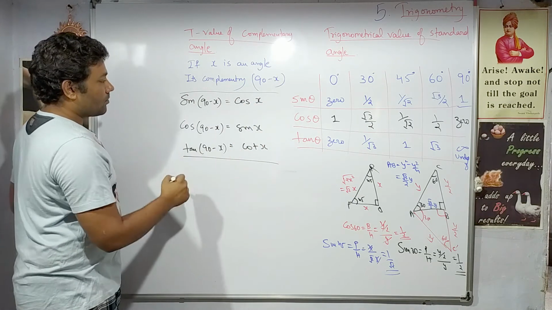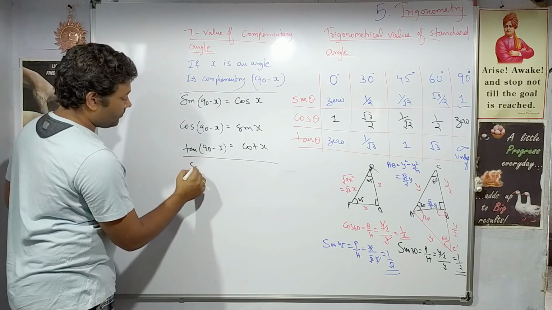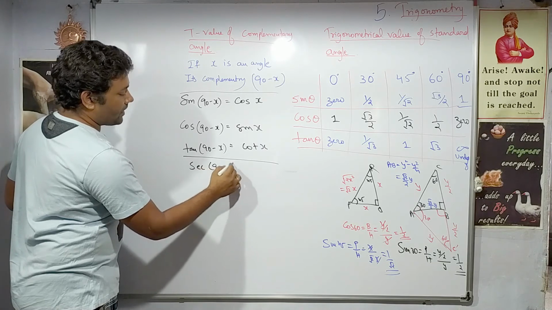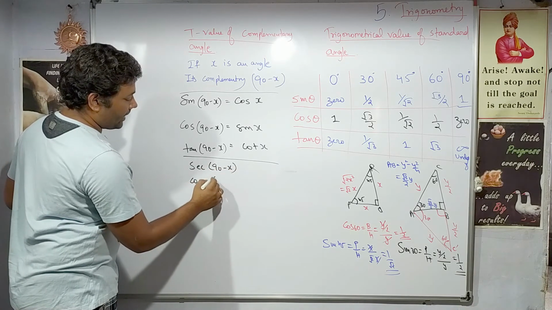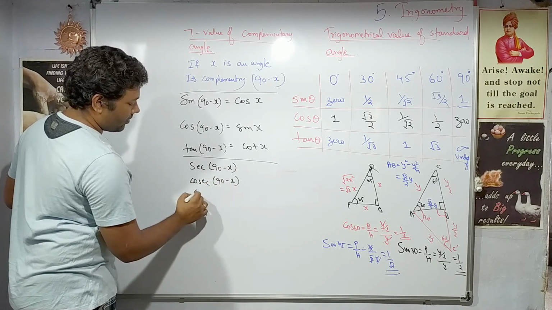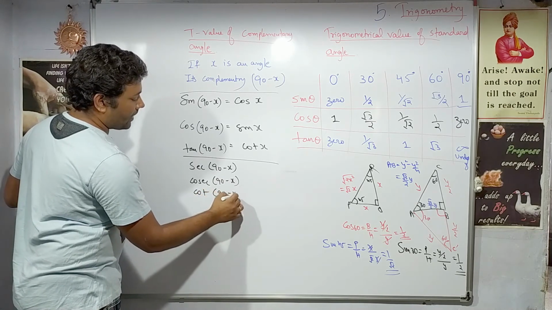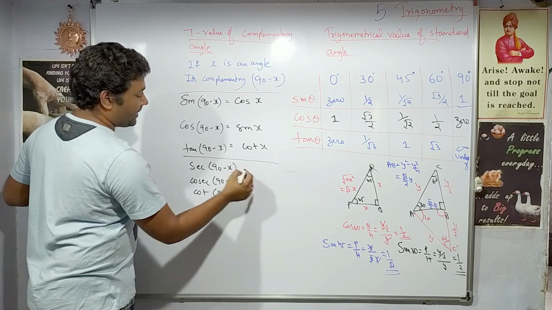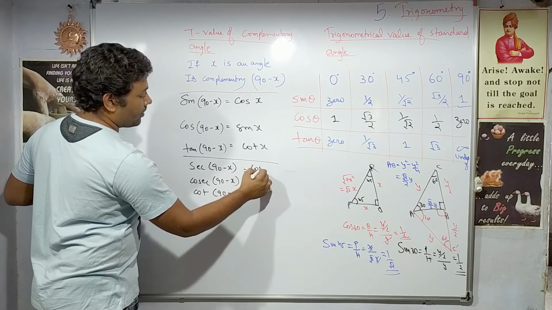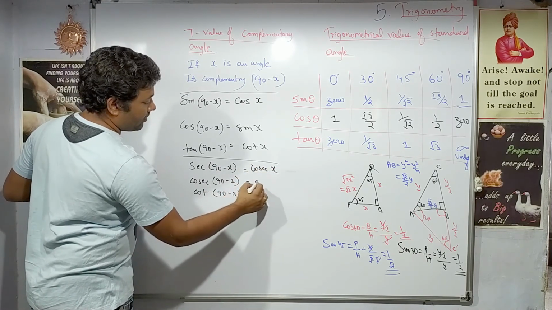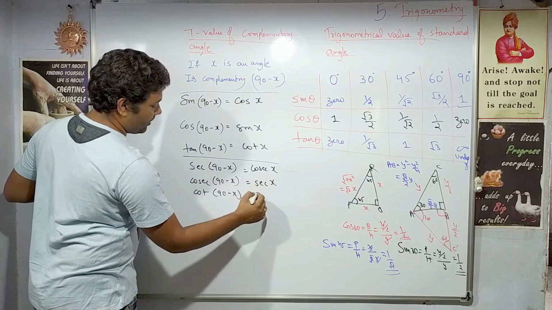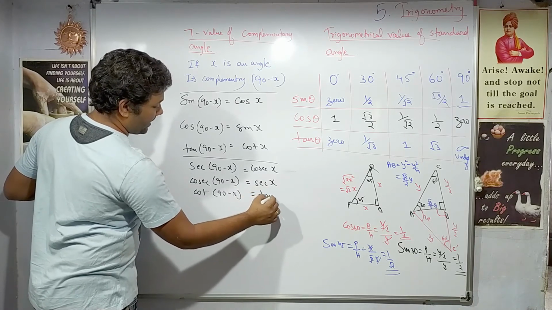Some more to come. Sec 90 minus x, cosec 90 minus x, cot 90 minus x. Sec 90 minus x will give me cosec x, cosec 90 minus x will give me sec x, and cot 90 minus x will give me tan x.